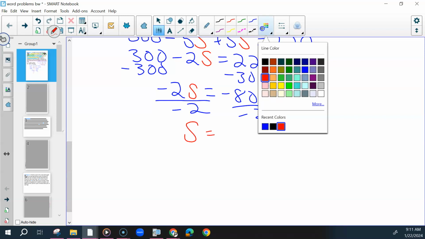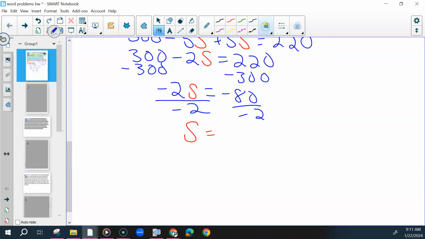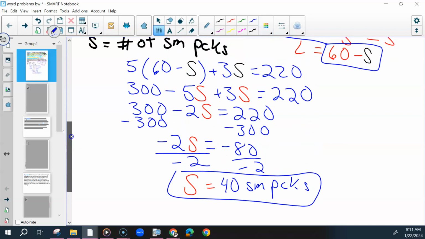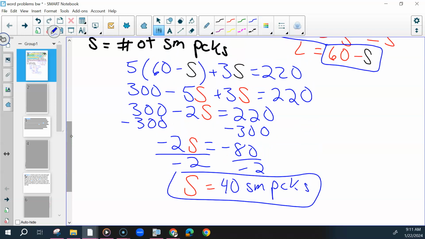How many packs of small nachos do we have? 40. Then we have to go back and find L. We're going to use this equation that we found, and solve.